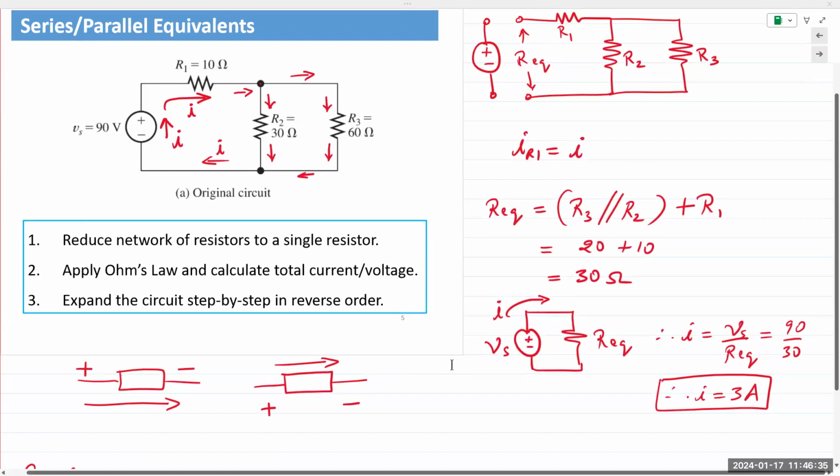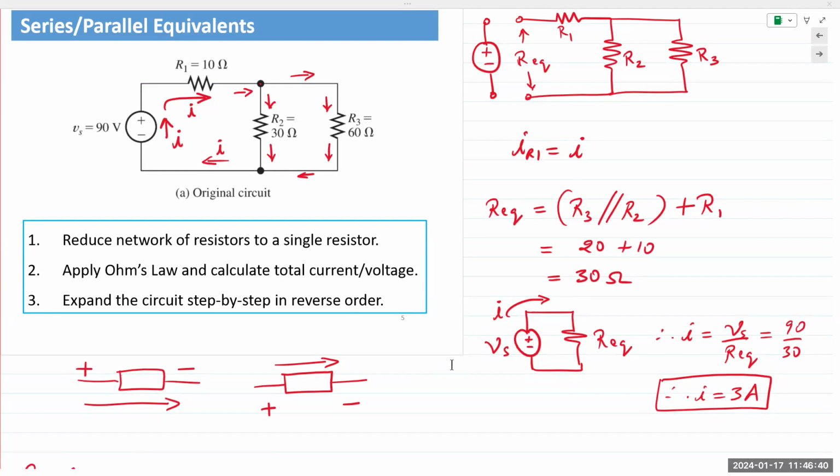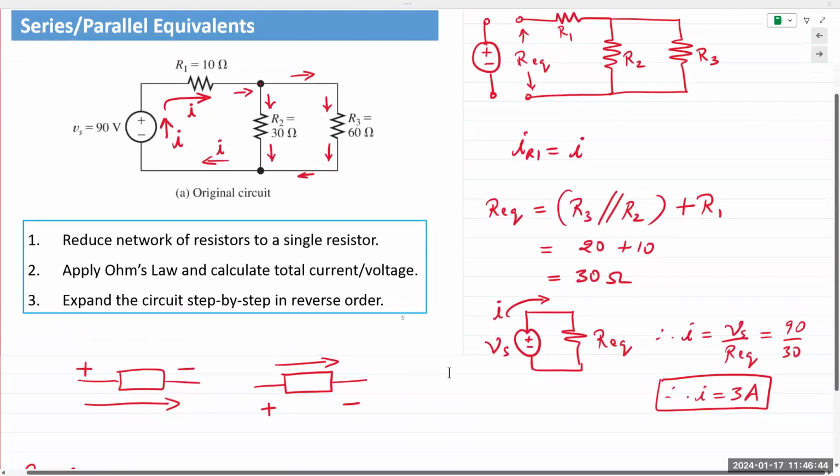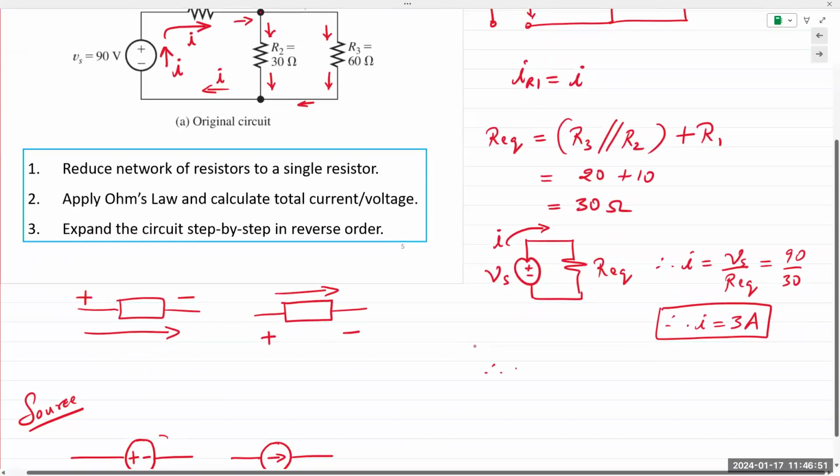So once we have I, we expand the circuit back up again. You can find the voltages for R1, R2, and R3. Once we have I, we know that the same current I flows through R1. Therefore, VR1 is simply equal to I times R1, 30 volts.